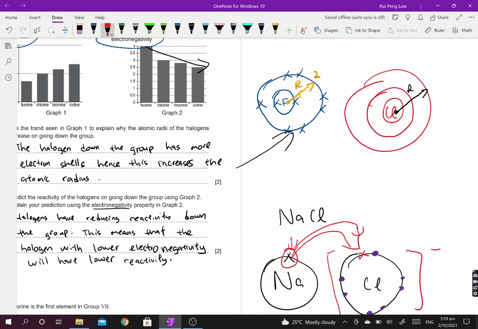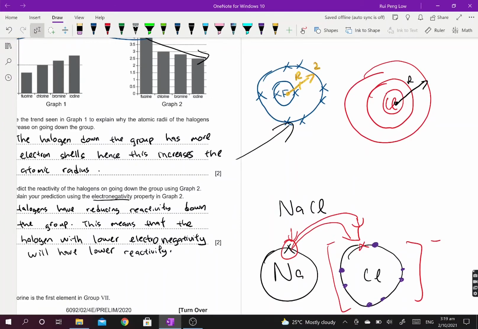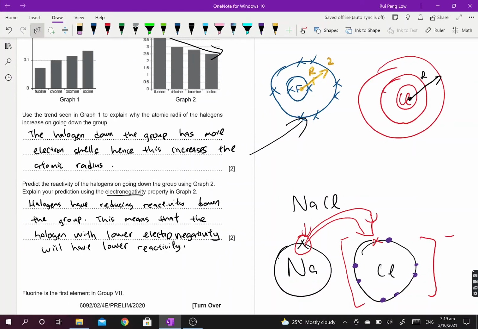So if you have higher electronegativity, it is easier for you to attract these donated electrons, and hence you can react way faster. That's why with higher electronegativity, you increase the reactivity. So that's how in a gist it works.